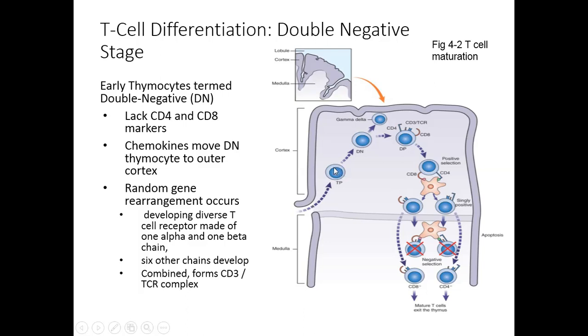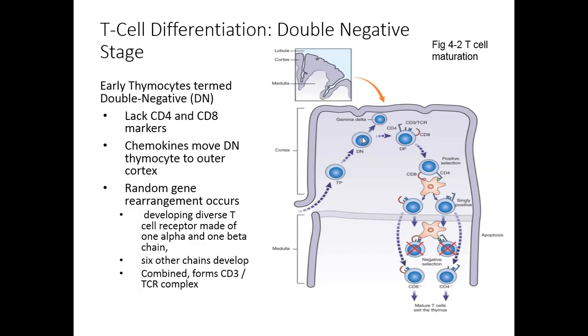That T cell precursor, once it's in the thymus, is called a thymocyte. Those early thymocytes are first termed double negative thymocytes, or DN.